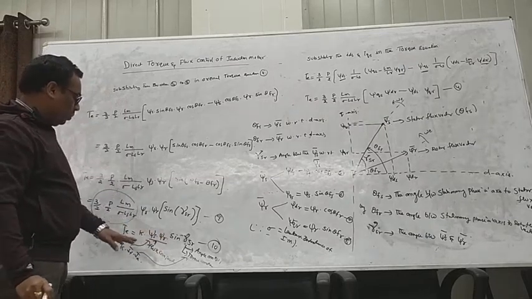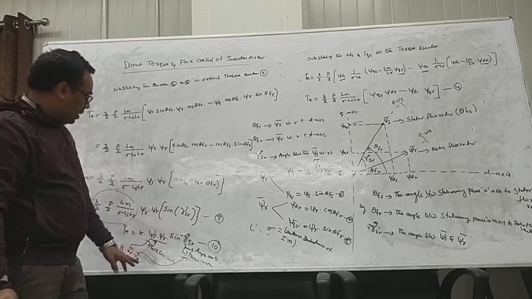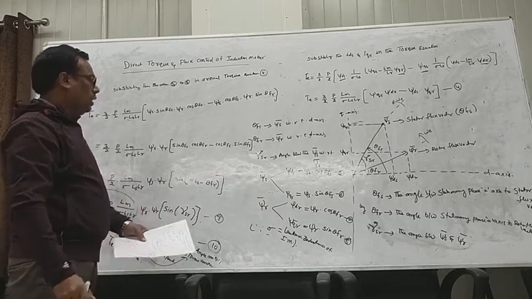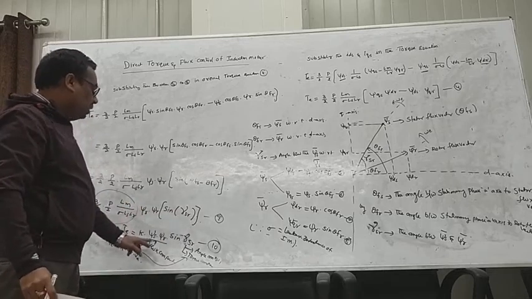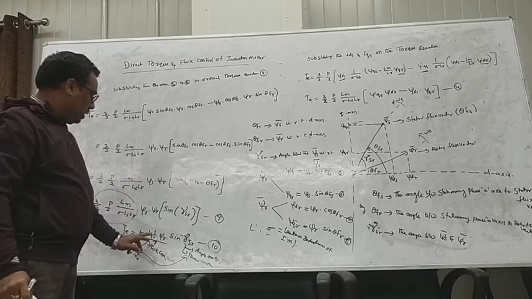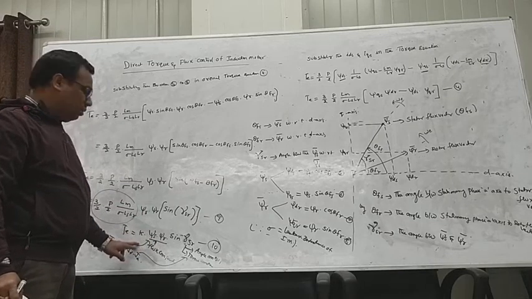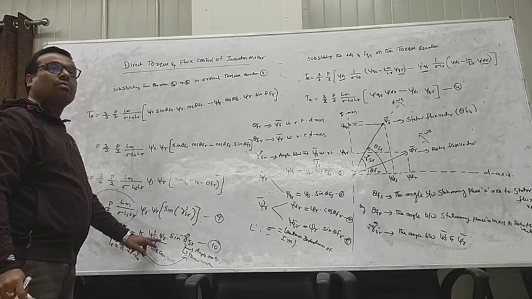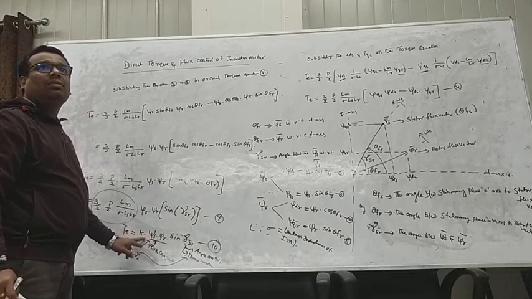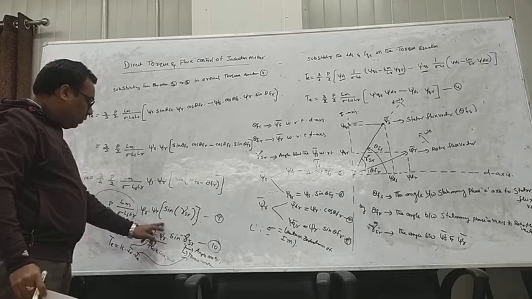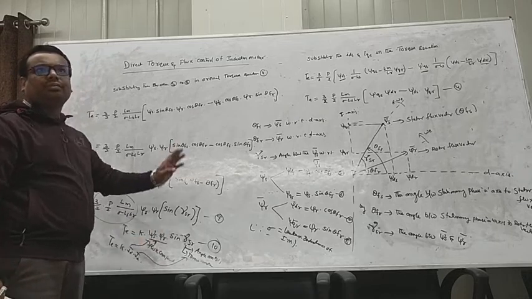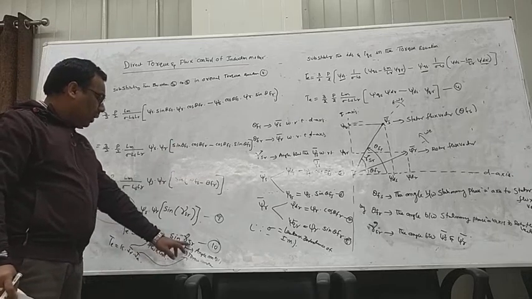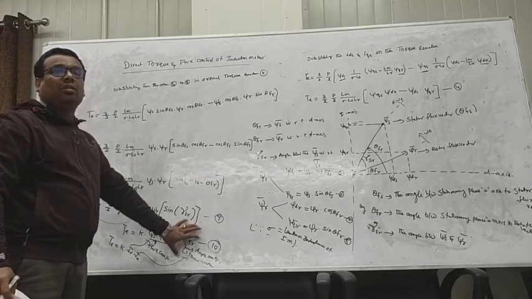One more point I would like to explain here. From the torque equation, torque is equal to K into rotor flux vector psi r and stator flux vector psi s, and finally we call this the flux. And this sin gamma Sr is the angle control or torque control.